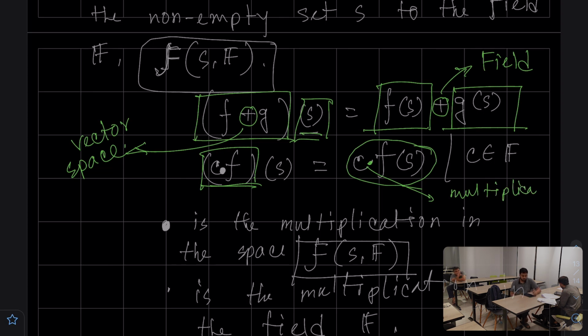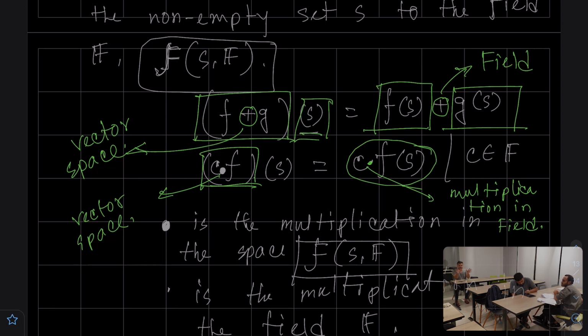So there are nuances here that you need to understand. Very important nuances. And that dot on the left is in the vector space, the bigger dot. And everything is well defined. On the right side, I have the field element because that dot is taking place in the field. And on the left hand side, everything is fine, right?